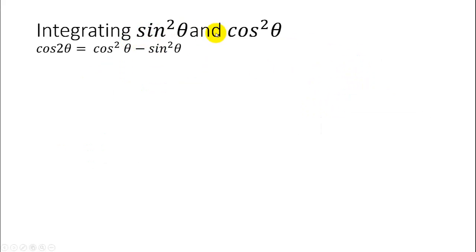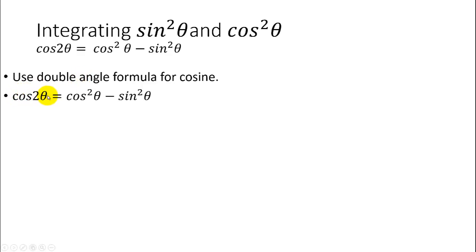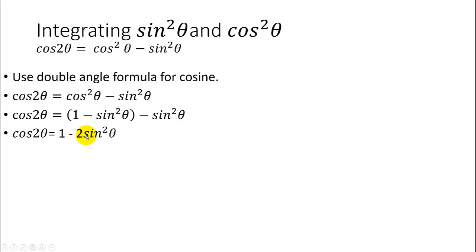Integrating sine squared and cosine squared. Here we have the double angle formula for cosine, and that's equal to cosine squared minus sine squared. Well, we can't integrate sine squared directly, and we can't integrate cosine squared directly. So we have cosine 2 theta equals, well, it's a double angle formula. And then we replace cosine squared with 1 minus sine squared.